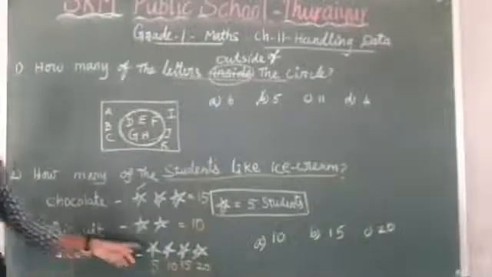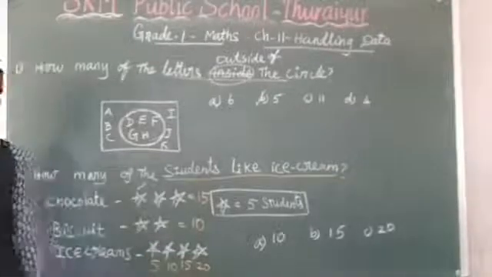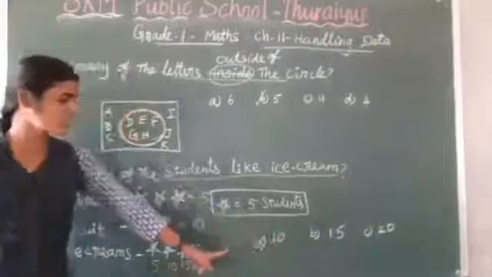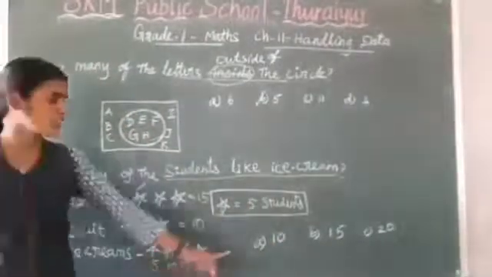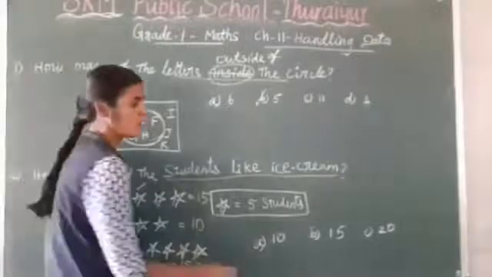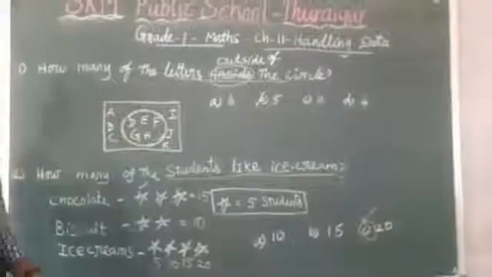Yes, 4 stars means 20 students. So which is the correct option for this? Yes, option C. Option C is the only correct answer.